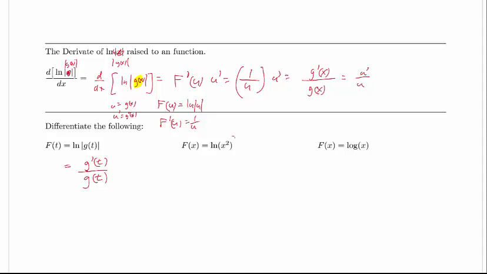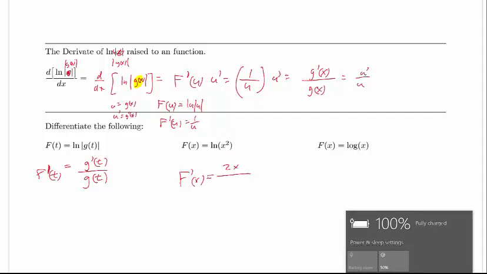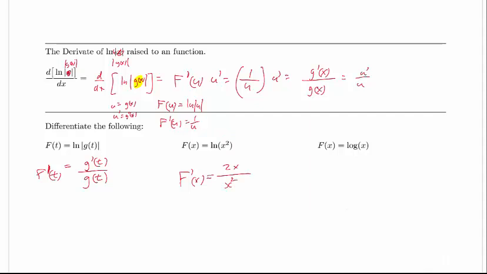And so this next one, we've got natural log of x squared. So first we look at what is the derivative of this guy. That's going to be 2 times x. Then we put the whole guy right there, x squared, right?